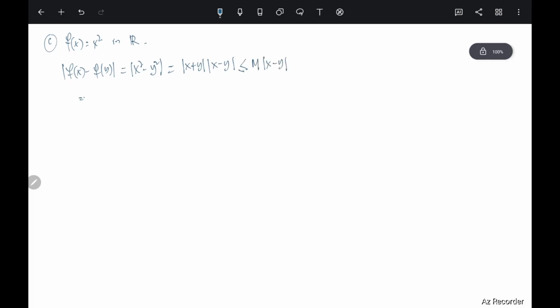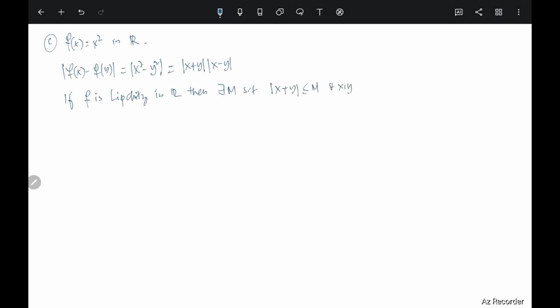So that will actually imply that if f is Lipschitz in R, then there must exist M such that |x + y| is less than or equal to M for all x, y in R. Okay, but you do realize that this is of course not possible, because I can choose x and y sufficiently big such that this is not true.